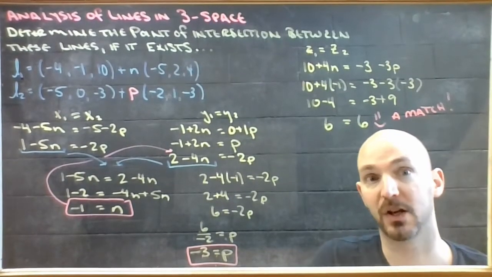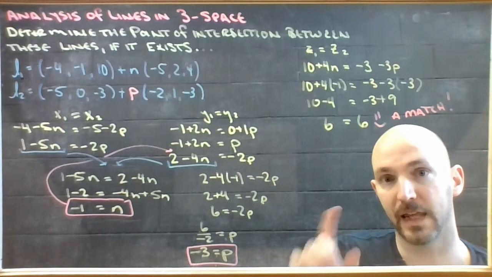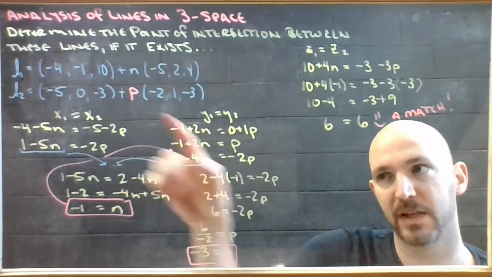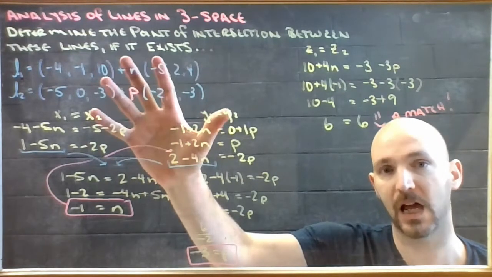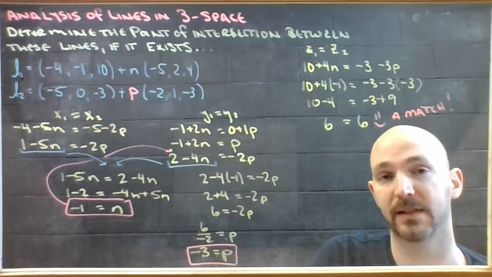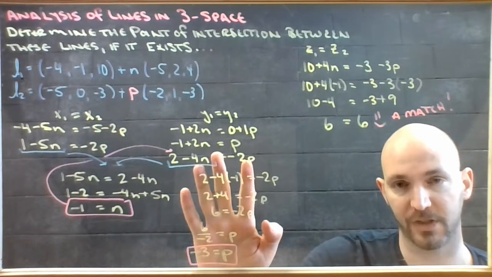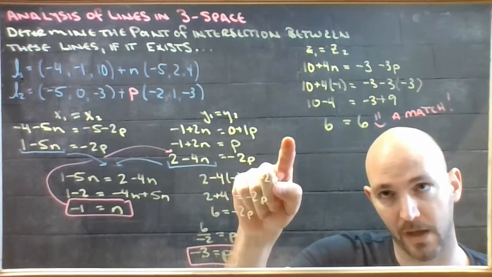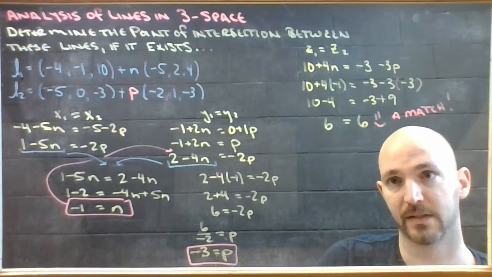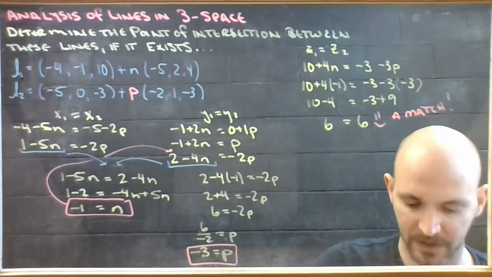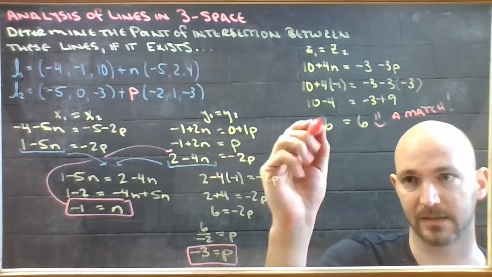All right, so if I put in -1 for n and I put in -3 for p, both of these lines will end up at exactly the same place because I will get a match in x, a match in y, and also a match in z. So I've determined, because there's a match, the point of intersection does exist.